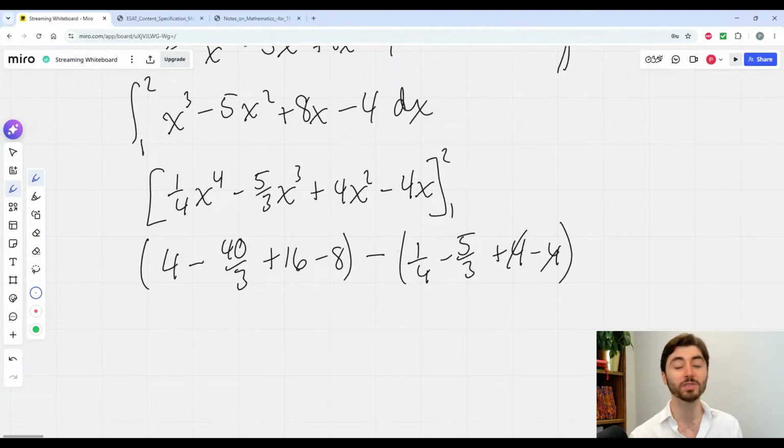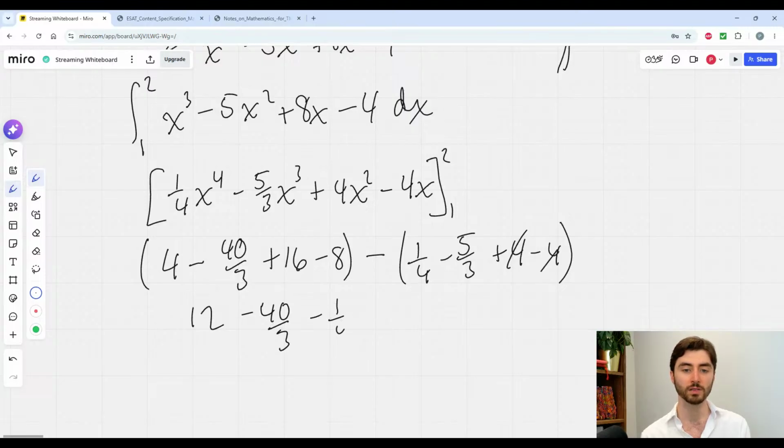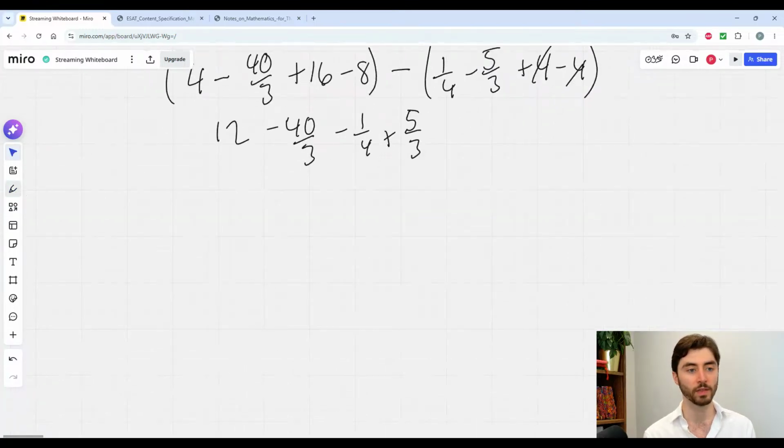Polynomial definite integrals, I agree, it's bad non-calc, which is why you've got to get really fluent with your fractions. You can also find ways to simplify. So for instance, here this becomes 20 minus 8, which is just 12. So you can say it's 12 minus 40 over 3 minus a quarter plus 5 over 3. The over 3s, we can combine those.